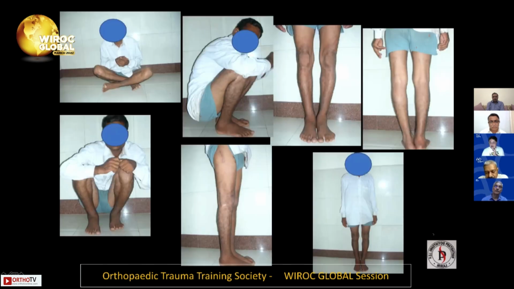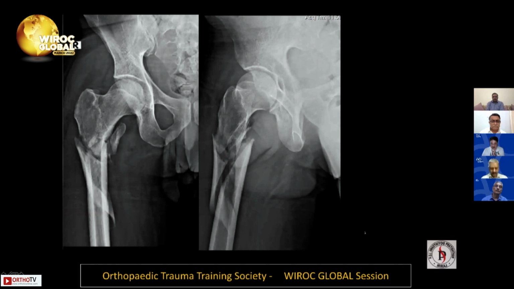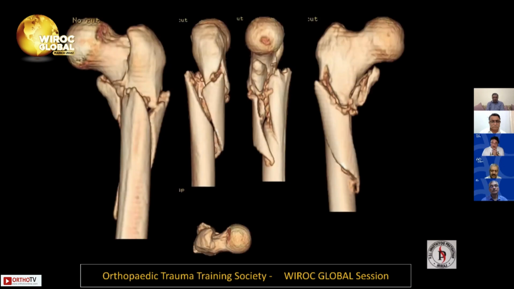All right, afterwards he has united well. The second case was a massive injury, a multifragmentary subtrochanteric fracture, and this is a CT scan. The CT scan is not fancy, but it gives you the global view of the fracture area. Majority of the times you don't see the posterior medial aspect, what has happened to that, and that is the line where you have to reconstruct.